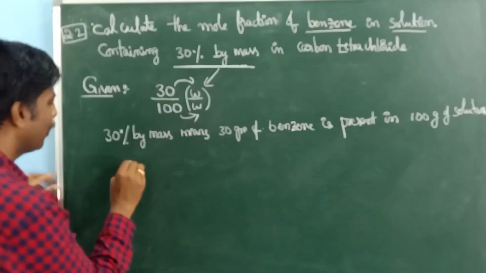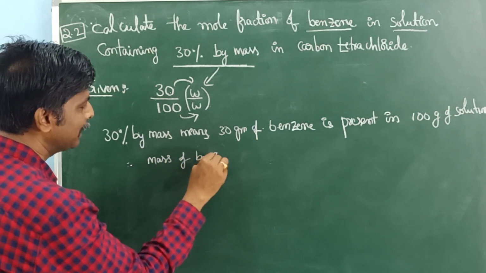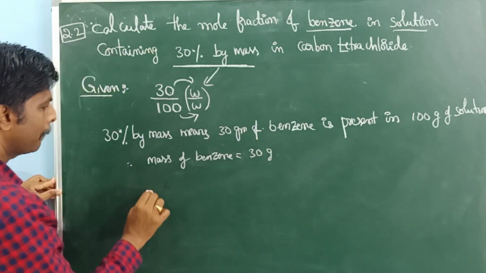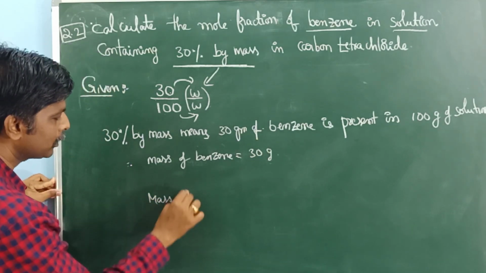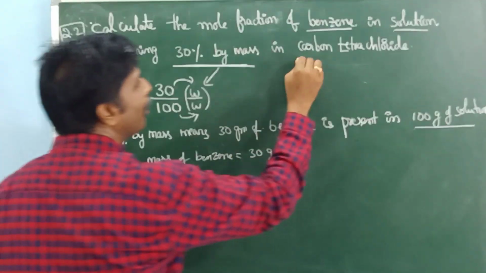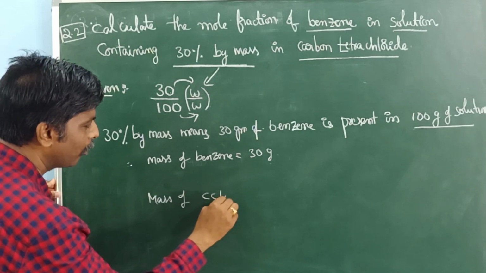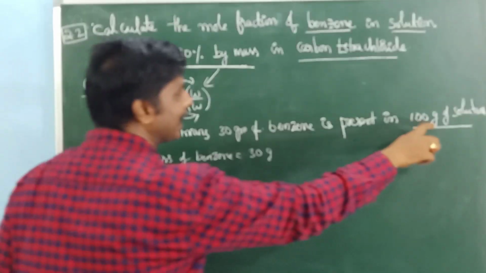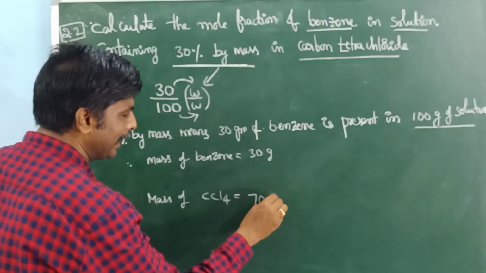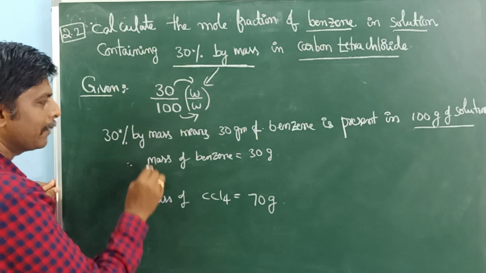Therefore, mass of benzene is 30 grams and mass of solution is 100 grams. But I want the mass of carbon tetrachloride, CCl4. Total mass is 100 and benzene mass is 30, so the remaining 70 grams is the mass of CCl4. So that is about mass.